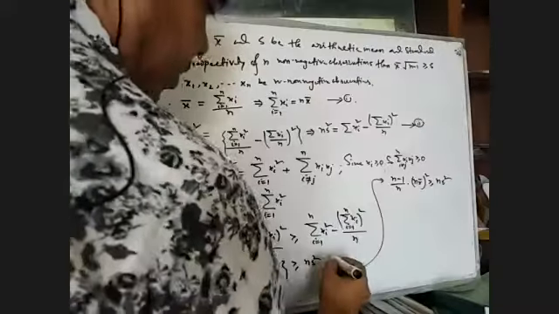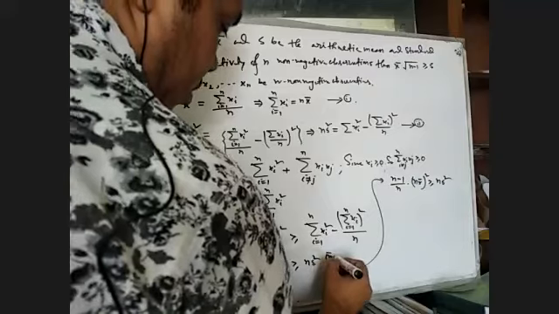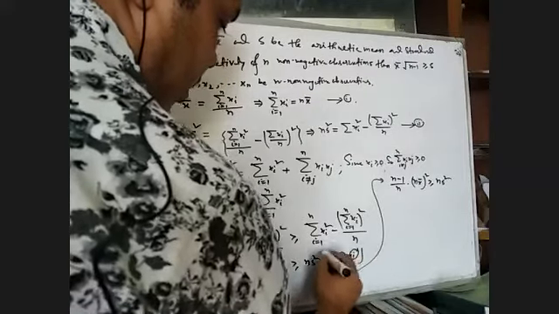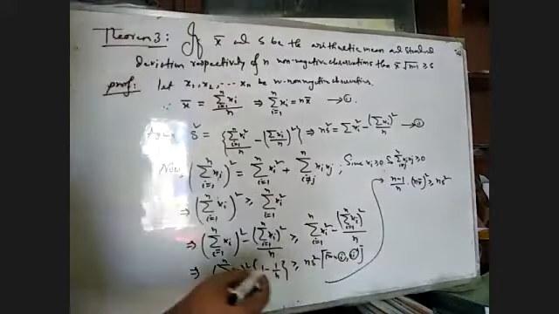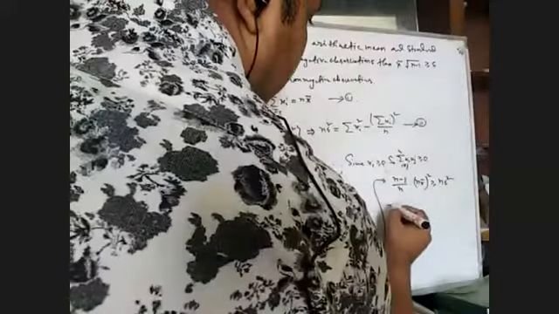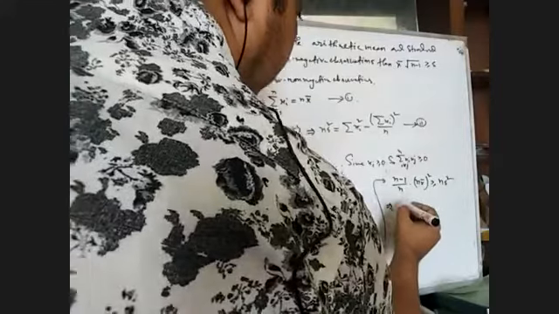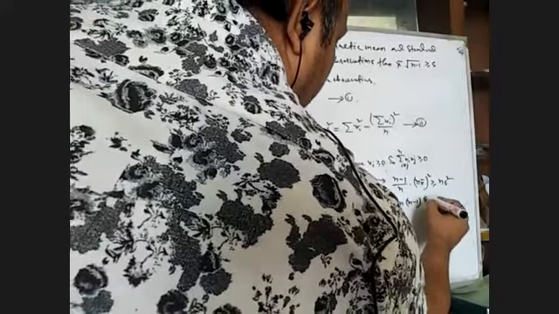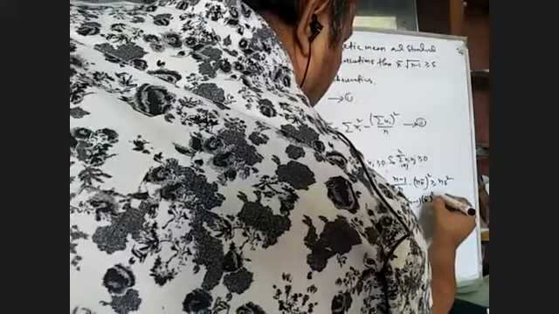From equations 1 and 2 we get this. So this means what? n square divided by n means what? n minus 1 x bar whole square is greater or equal to n s square.